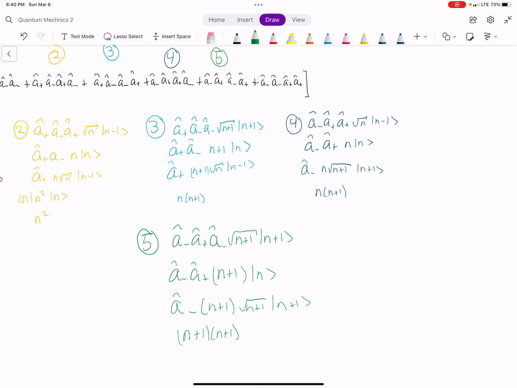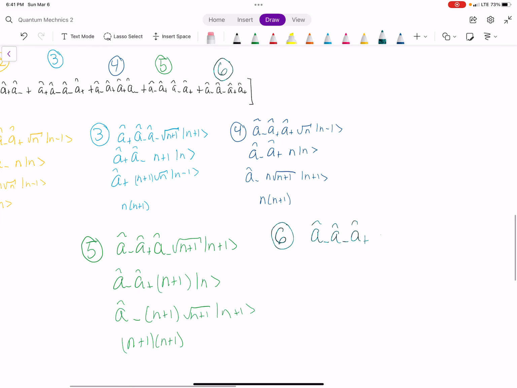Okay. And last one, number 6. We have a minus, a plus, a raising operator, n plus 1 square root, n plus 1. Let's see, we're going to get n plus 1 times n plus 2 square root.